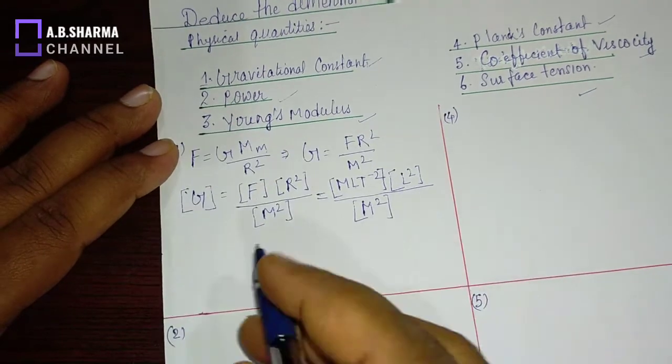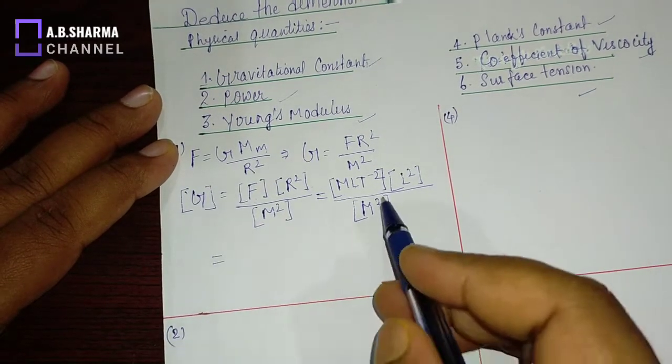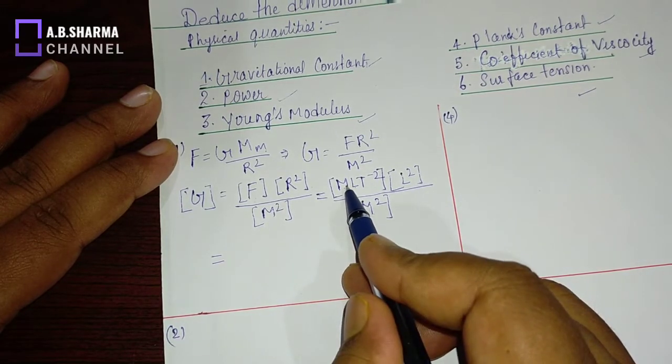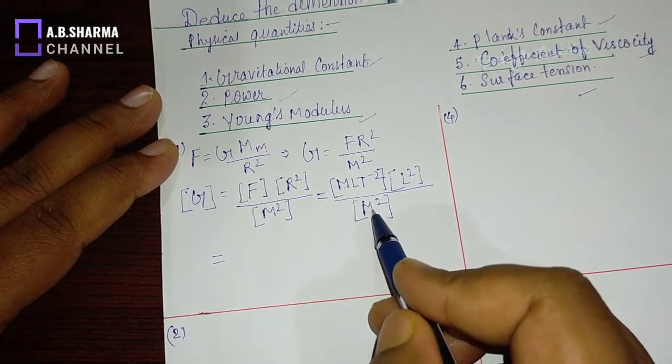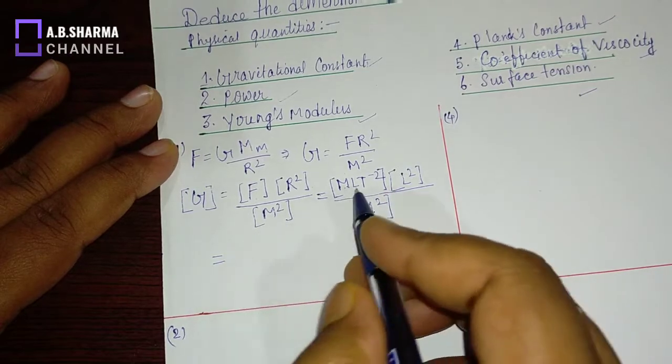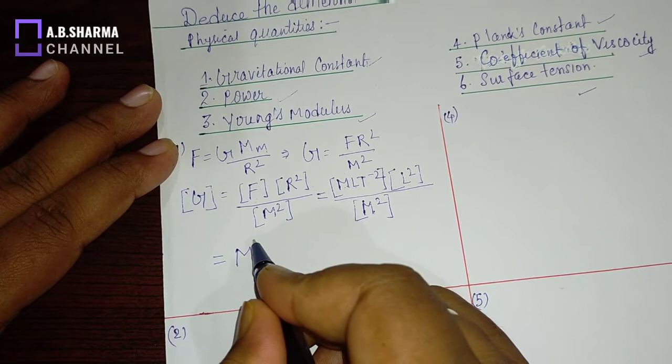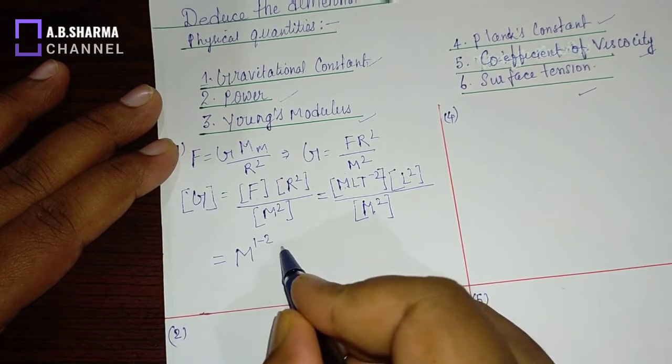Now solving this, M and M: in the numerator power 1 and in the denominator power 2, so the power of M will be 1 minus 2.